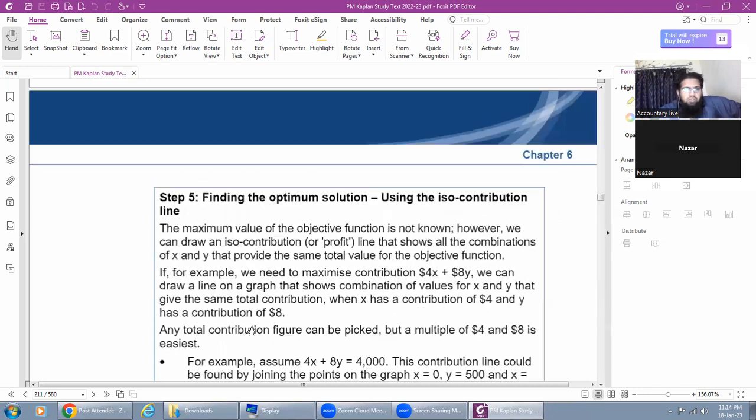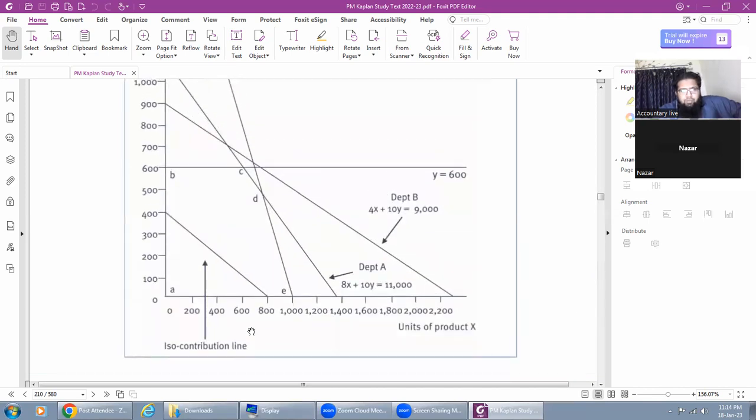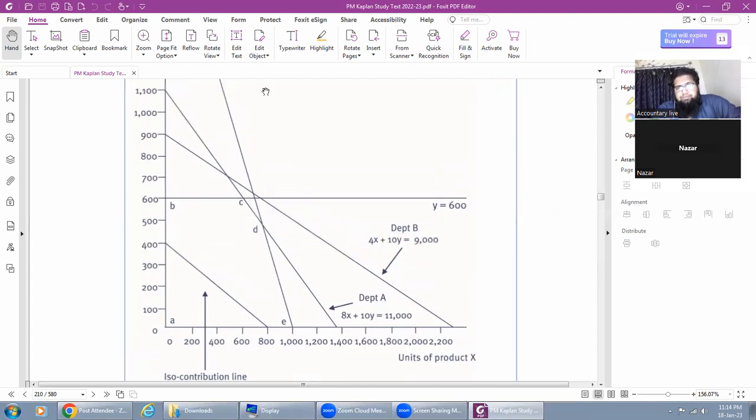Now come back to the graph. This is our iso-contribution line.